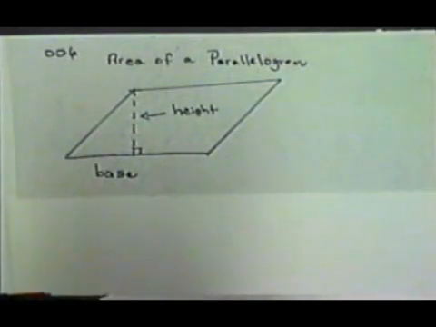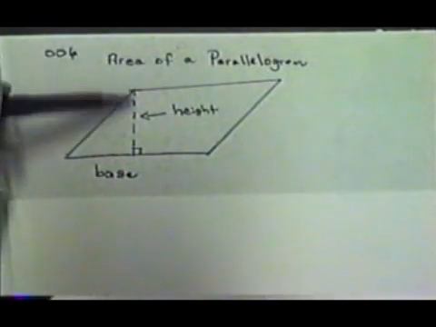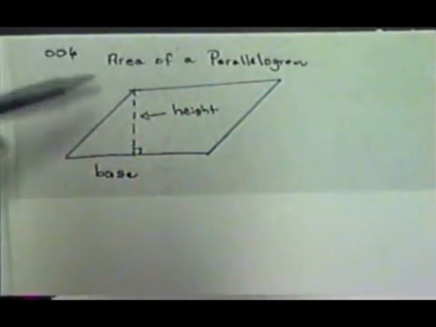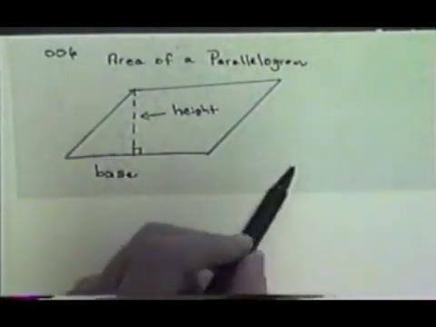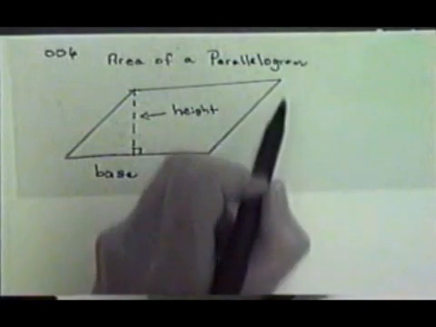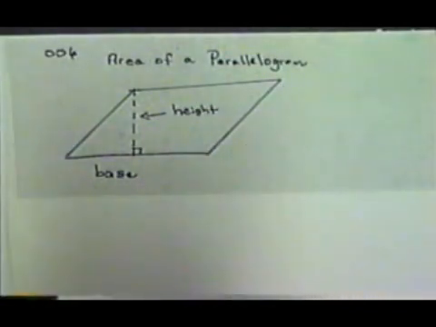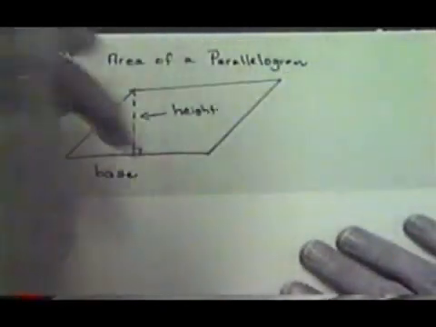Now, what actually is happening is, if you took this little triangle that's formed and took it apart and sat it over here on the other side, you would actually turn your figure into a rectangle. In fact, maybe we should visualize doing that.